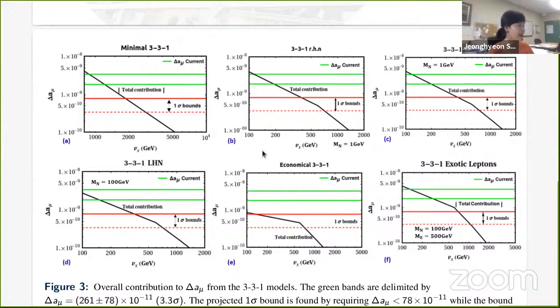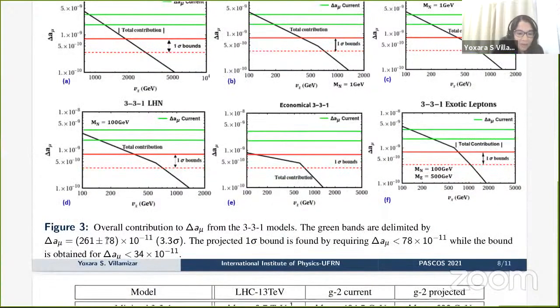Okay, the green lines correspond to the up or down. In this way, 2061 plus 78 or minus 78 is the up or down, the current discrepancies.